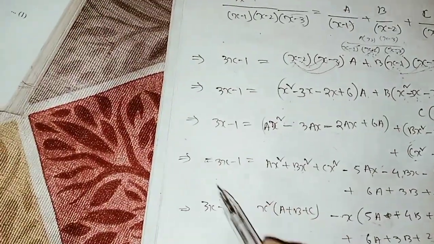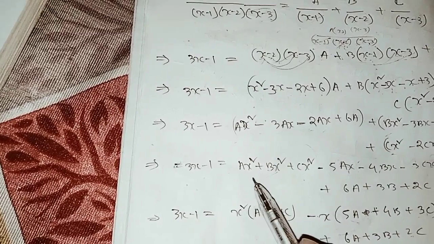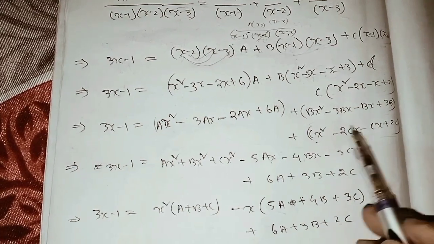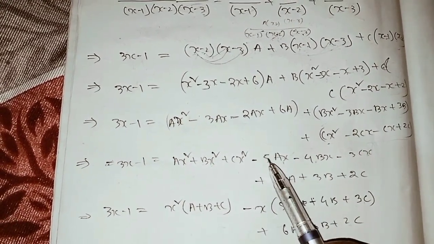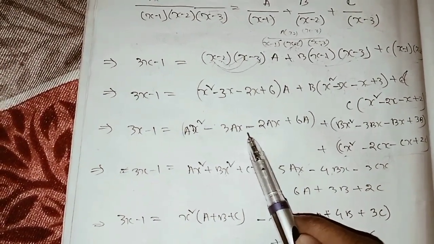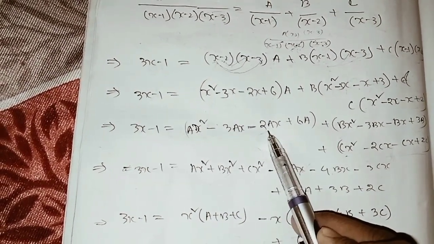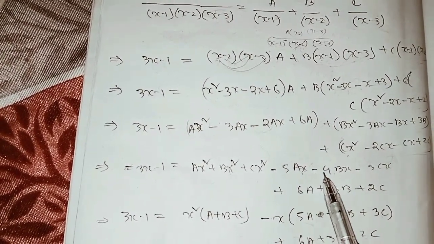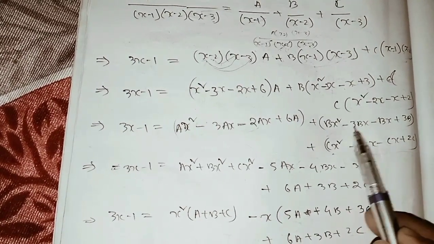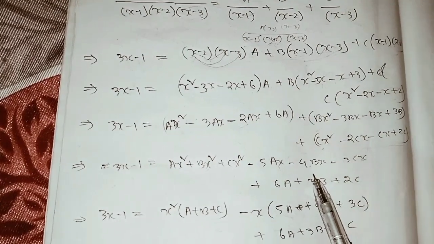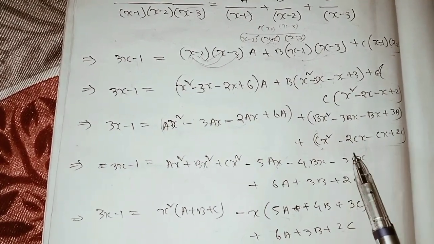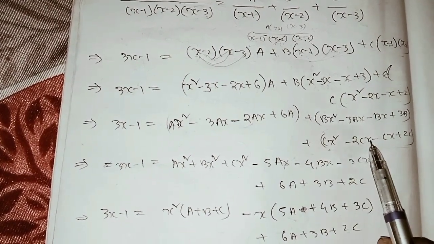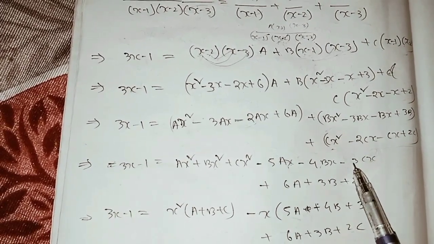So we get the x square terms: a x square plus b x square plus c x square. Just simply separate the similar terms. Here, for the x terms, we get minus 3ax minus 2ax, and when we add, as a result we get minus 5ax, then minus 4bx, how we get it, minus 3bx minus bx, and similarly minus 3cx minus cx gives minus 4cx.